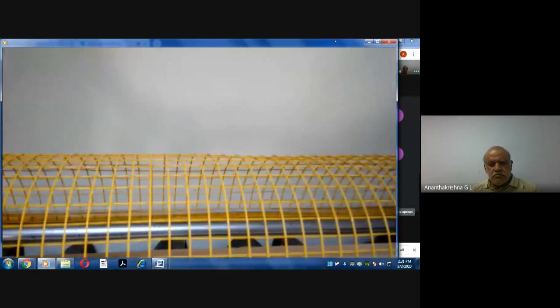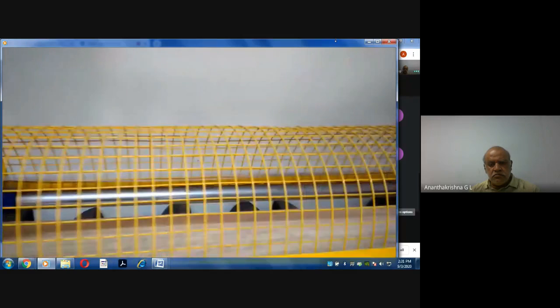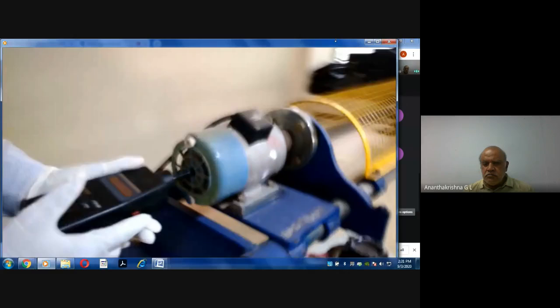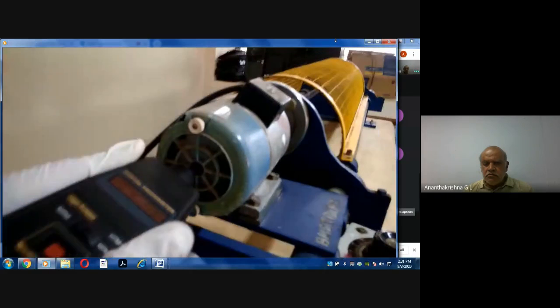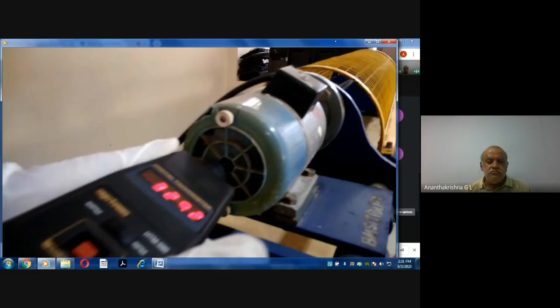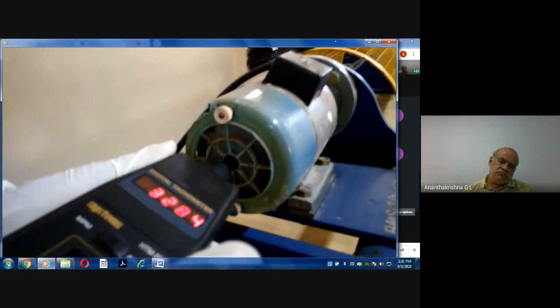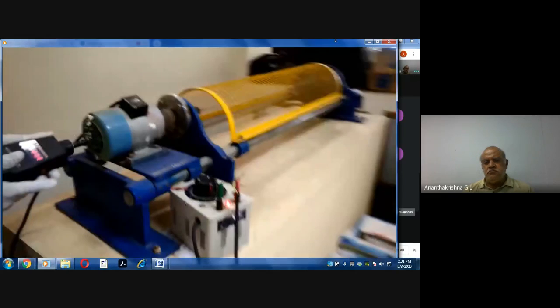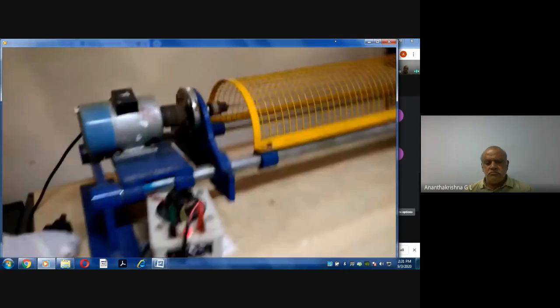When you see the amplitude zero at the center, at this juncture again take the tachometer, place it in the position and note down the reading. It's showing 3282. So note down the value of RPM. That will give you the speed of second mode of vibration.